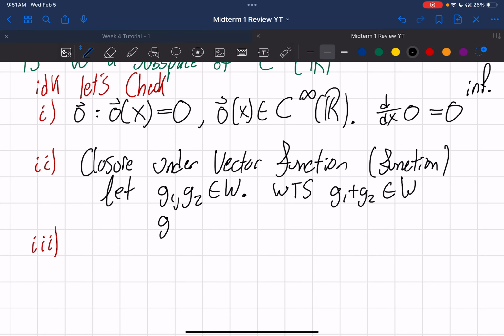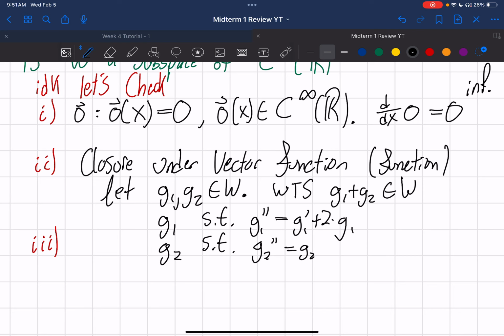So G1 needs to be in the form, to be in W, G1 double prime is equal to G1 prime plus 2 times G1, and G2 needs to abide by the rule that G2 double prime is equal to G2 prime plus 2 times G2.